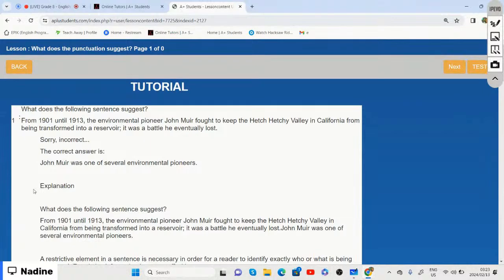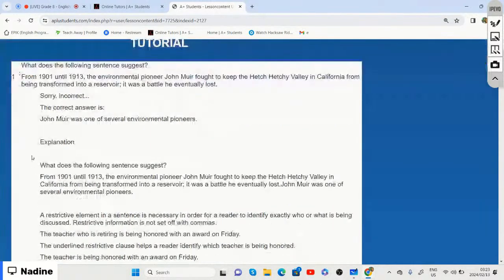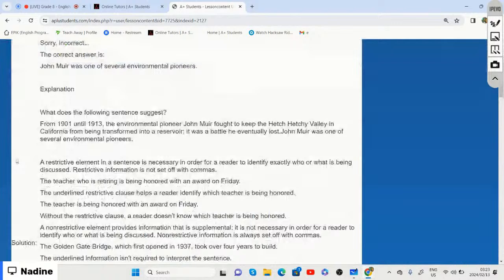All right. So we say the restrictive element in a sentence is necessary in order for the reader to identify exactly who or what is being discussed. The restrictive element is not set off with any commas.